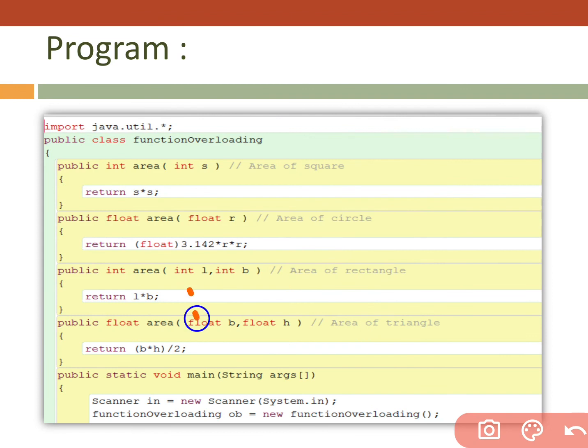Otherwise, if I write int, then this function never works, because it is a machine. A machine always runs the first one, then second, then third. It goes in this way, and the first one always runs, so the second one never runs. That's why we have to change the parameters.